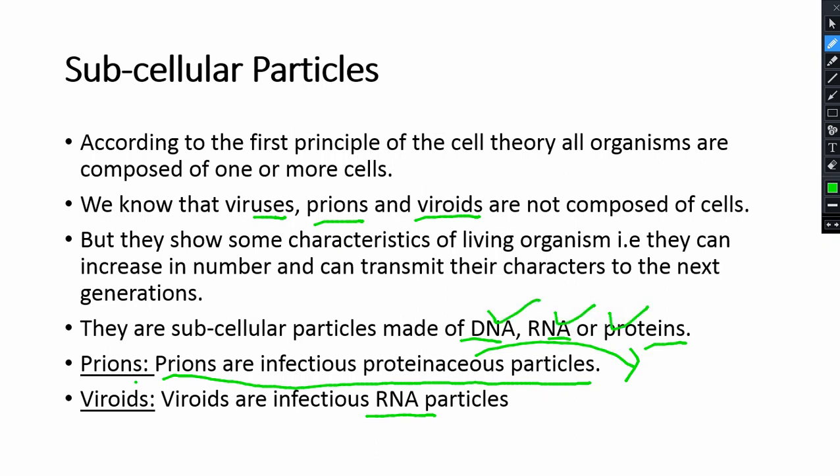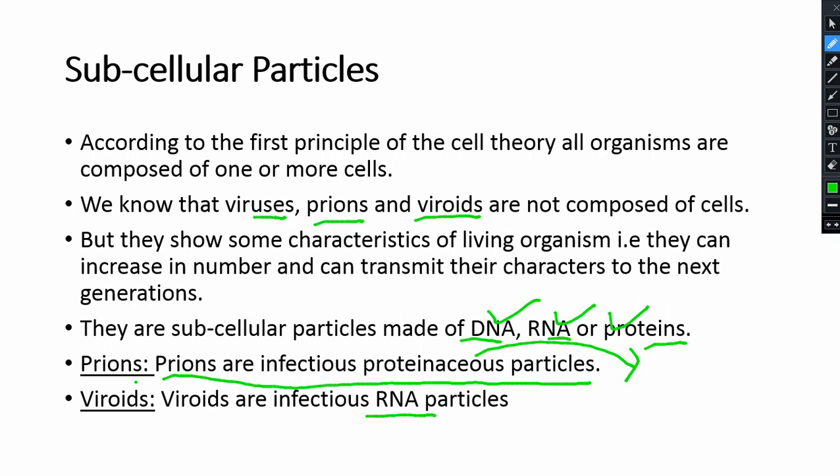So these are the parts of a cell which are present in a general cell, but separately they are called subcellular particles. Particularly they are given the names prions and viroids because they are causing infection.